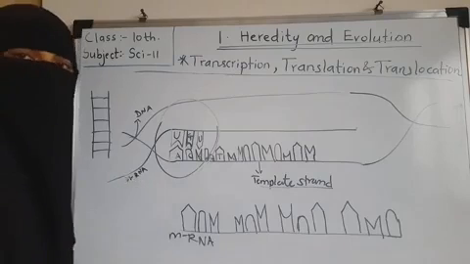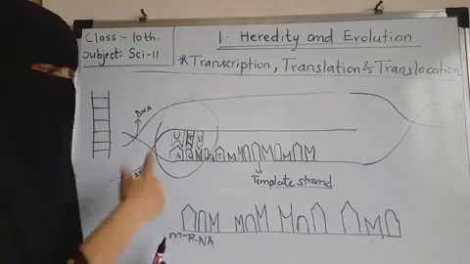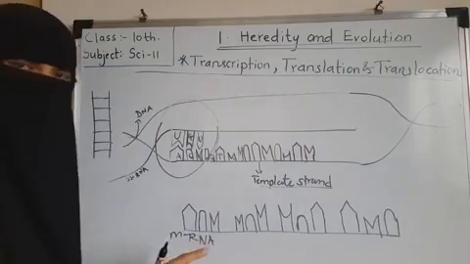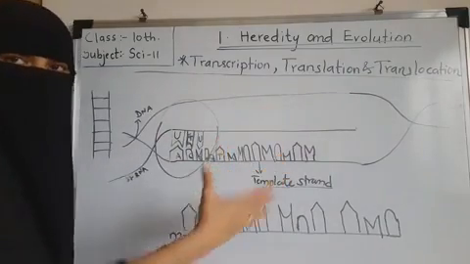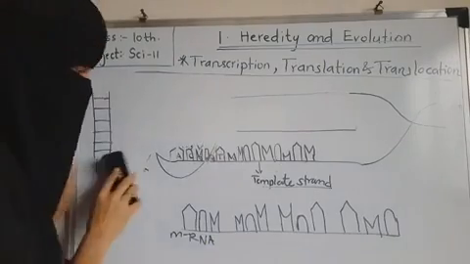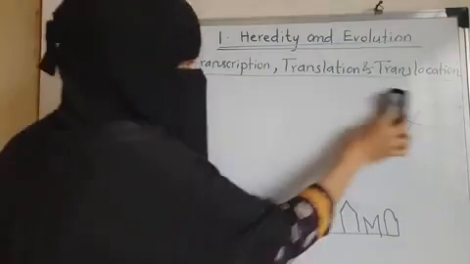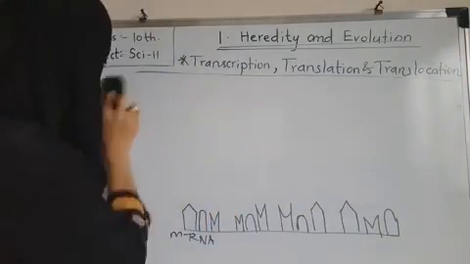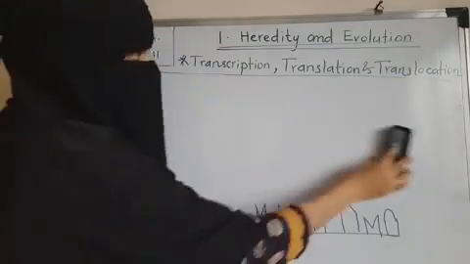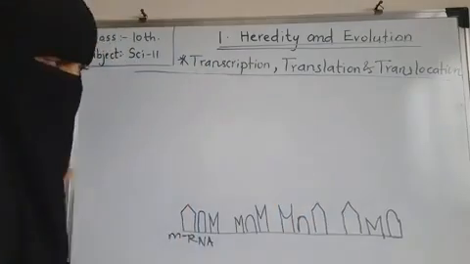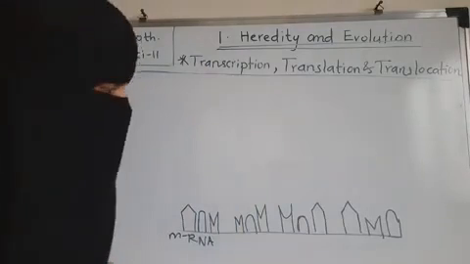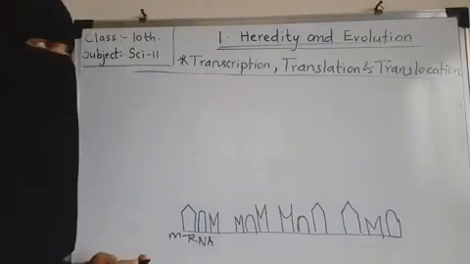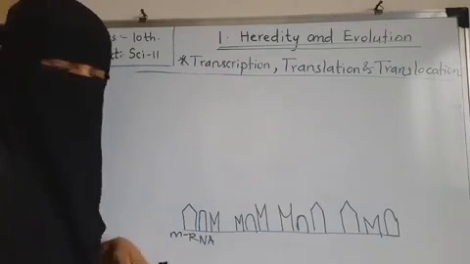Means it will bring one amino acid, which is scattered in the cytoplasm, towards the ribosome, right? As we have seen earlier, with the help of transfer RNA, the amino acids which are scattered in the cytoplasm are brought towards the ribosome, right?